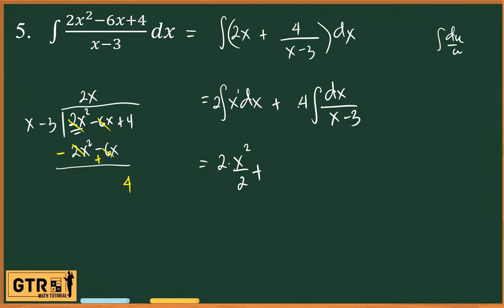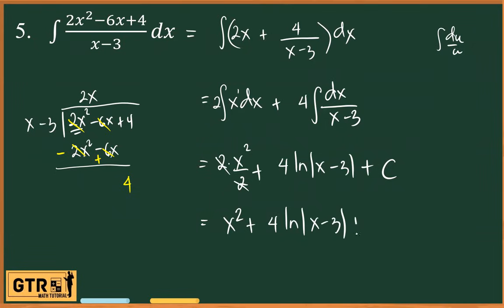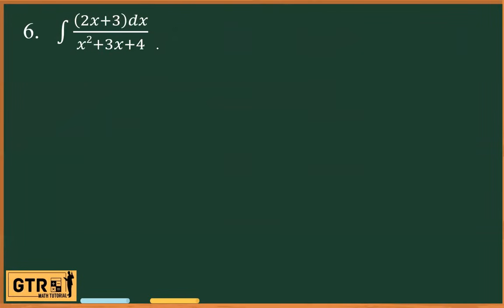The answer to this term is 4 ln of x minus 3 plus the constant of integration c. Just cancel out the 2s, so the final answer is x squared plus 4 ln of x minus 3 plus c. Okay, final answer.